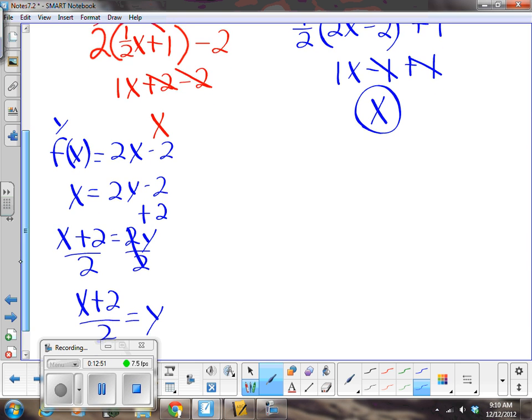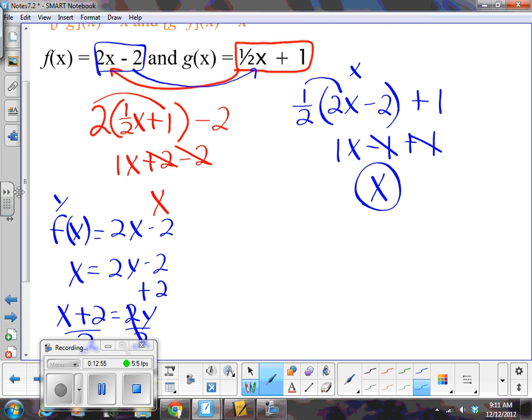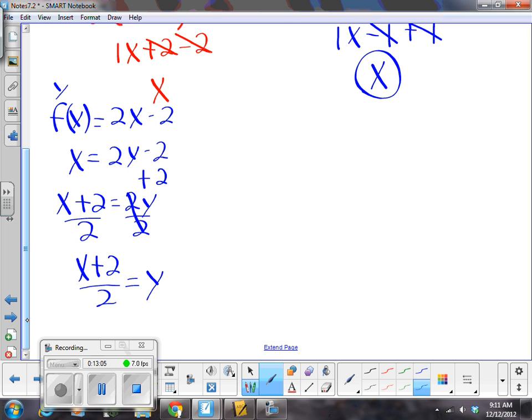Now look what the other function is. So you got x plus 2 over 2. Look at this function. 1/2 x plus 1. They're not the same. Why aren't they the same? Yeah, I haven't done common denominator. So if I split it into common denominators, then what happens right here?